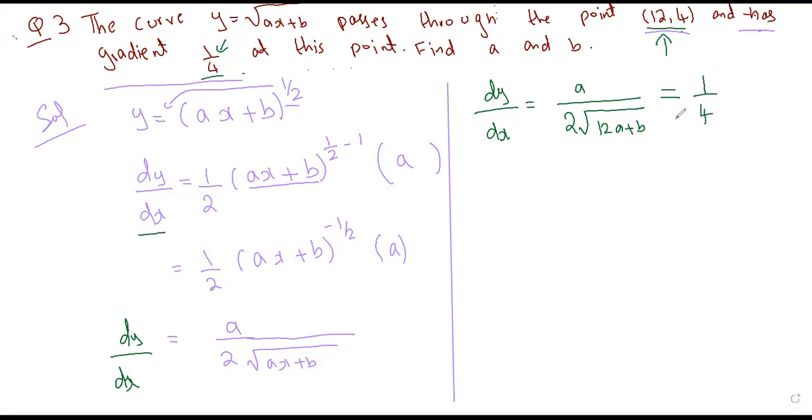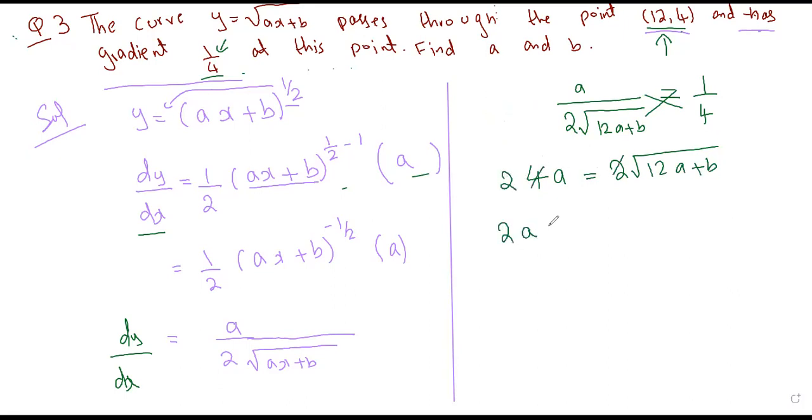Okay. Now this is the first equation. I am going to simplify this so I can just write down the equation. I'll cross multiply. This would become 4a equals 2 under the root 12a plus b. 2 and 4 can be cancelled.